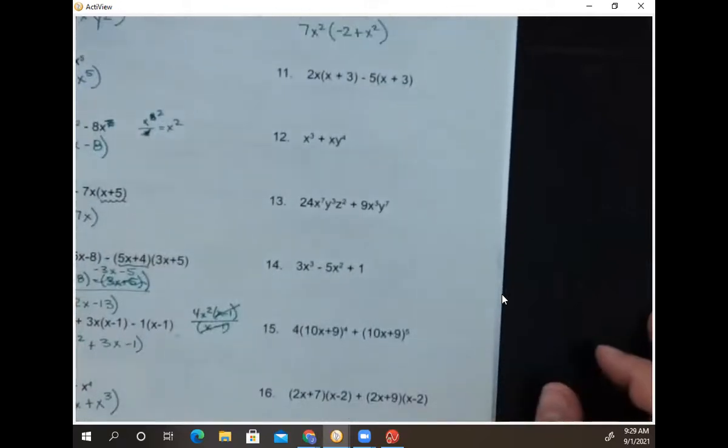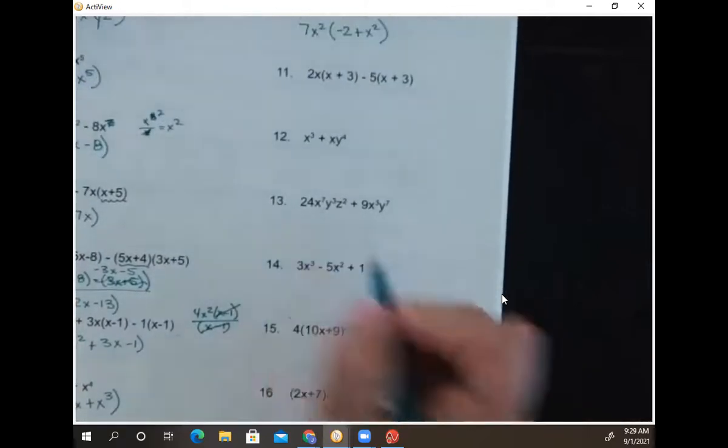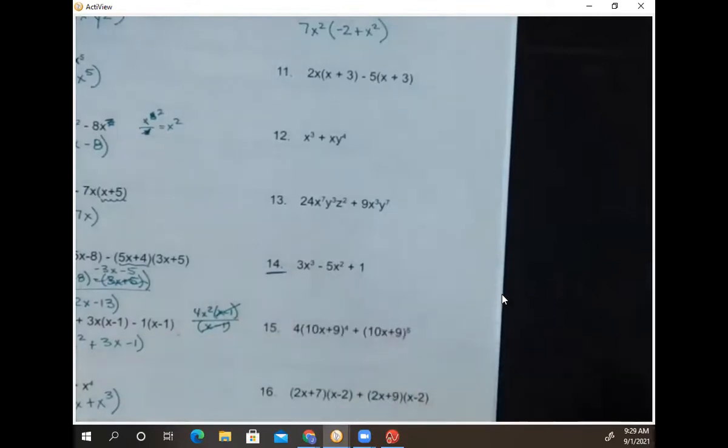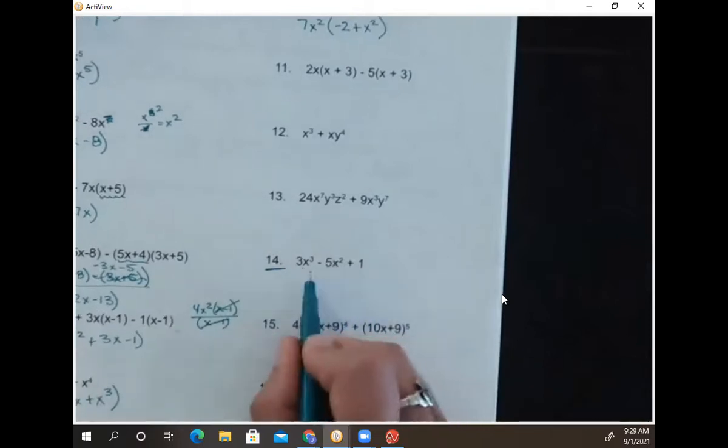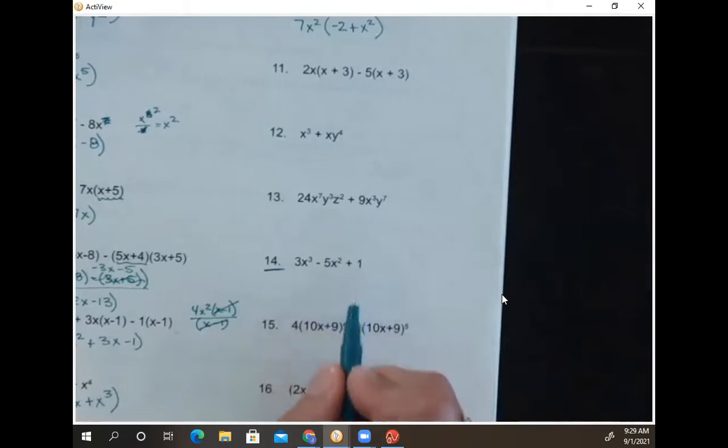Hop down to number 14 for me. What's our GCF here? Do they all have an x? No. So it's not x.